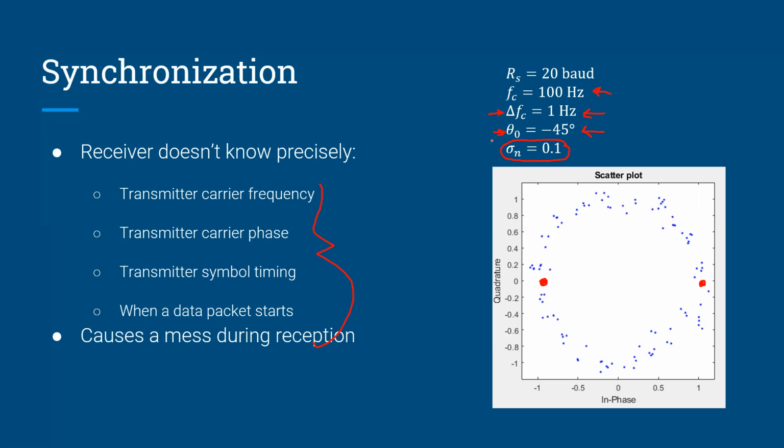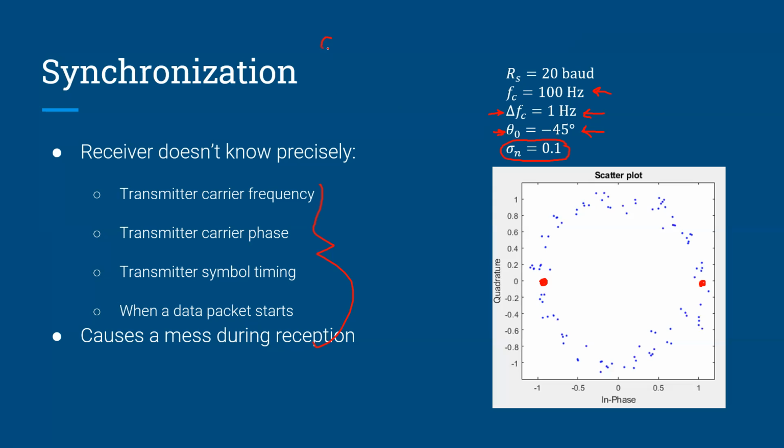The phase offset is pretty easy to think about. It'll just rotate these red dots here by some number of degrees, and after rotating once, they're not going to move. But the frequency offset, you can think of as a variable phase offset.